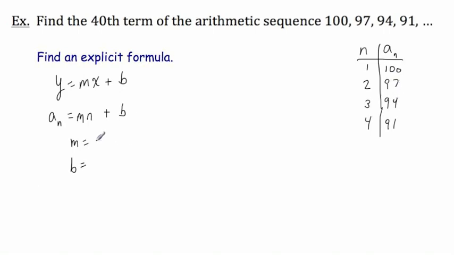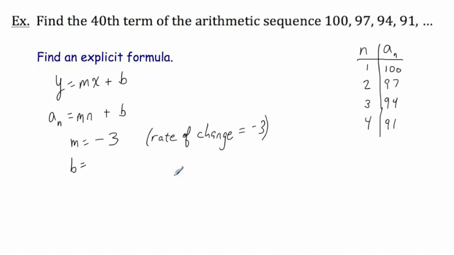So since this is a constant decrease situation, the slope is -3. We're going down 3 each time. So you could write here rate of change is -3. This is how we found this.